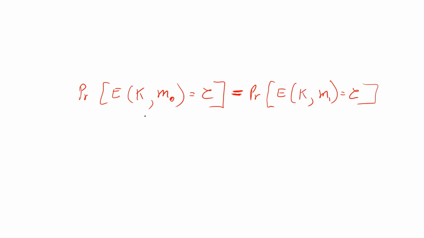Now let me make this one more explicit, that's 0, this one is 1, and the ciphers are the same. So what do you think that is saying?